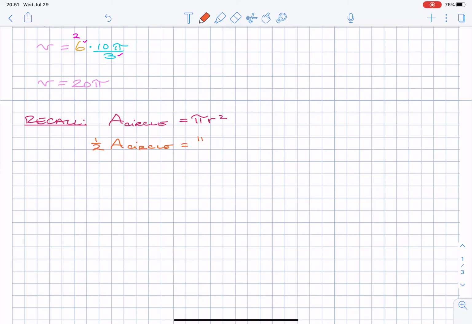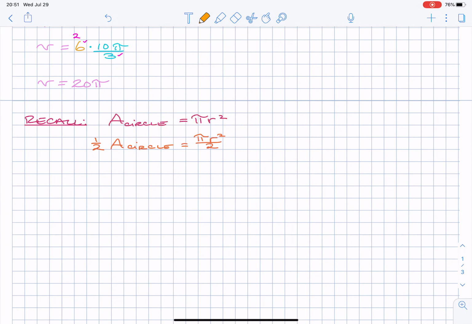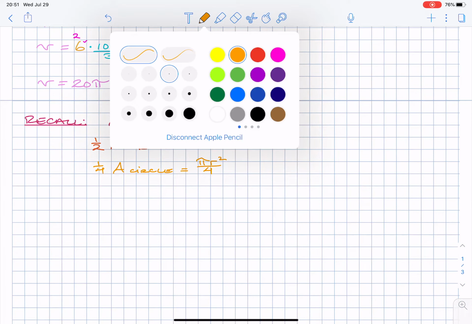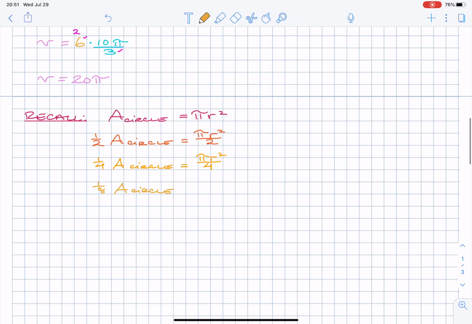So pi r squared divided by 2. Okay, what about 1/4 the area of a circle? Well, just take the original area of a circle, pi r squared, and divide that by 4, etc. We could do 1/8 the area of a circle. And we could do this on and on.